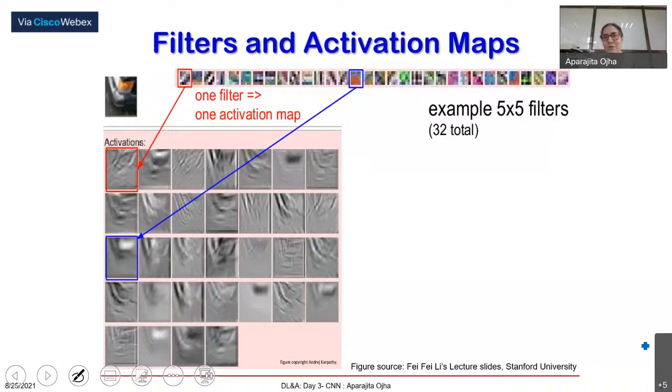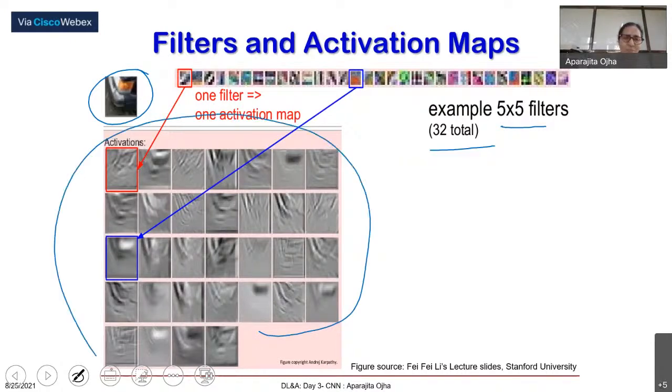Now, if I look at the filters and the activation maps, you can see that this is an example of a car. You have a car bonnet and the car headlight. Now, from this car headlight, you have suppose 5x5, 32 filters. Now, these 32 filters give rise to these 32 activation maps.